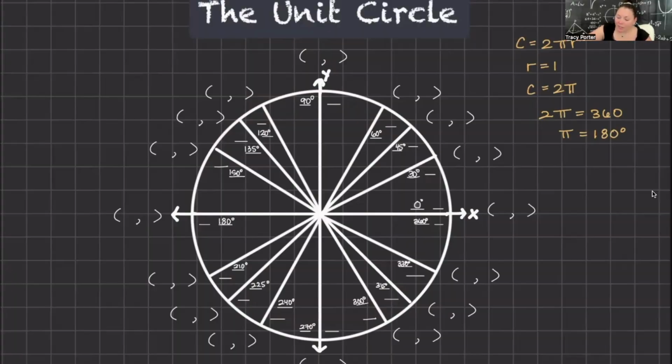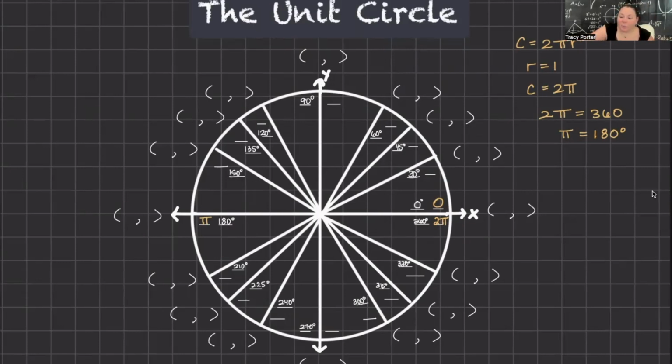So we're going to start here. If we know that going all the way around is 2 pi, we're going to go ahead and fill in the radian measures. We're going to start at 0 radians. And if we go all the way around, we said it's 2 pi radians. And if we go to 180 degrees, we know we are at pi radians.